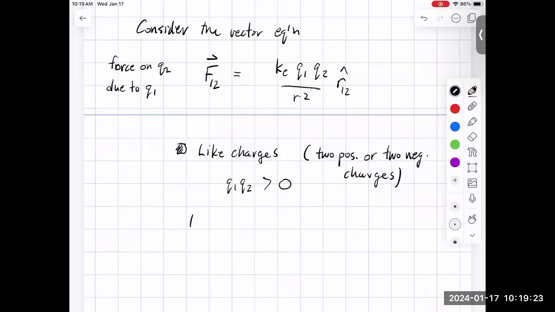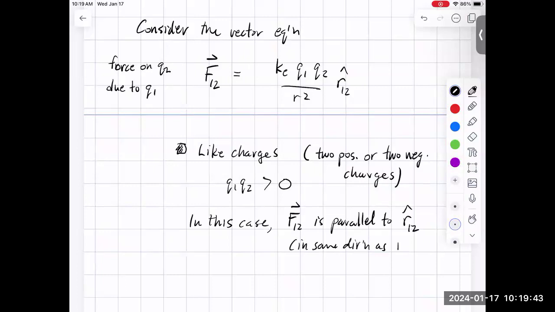Okay, so in this case, the force on 2 due to 1 is parallel to r hat 1, 2, or it's in the same direction as r hat 1, 2. And our vector equation handles this perfectly because as long as that product of charges is positive, this force will be in the same direction as that unit vector.